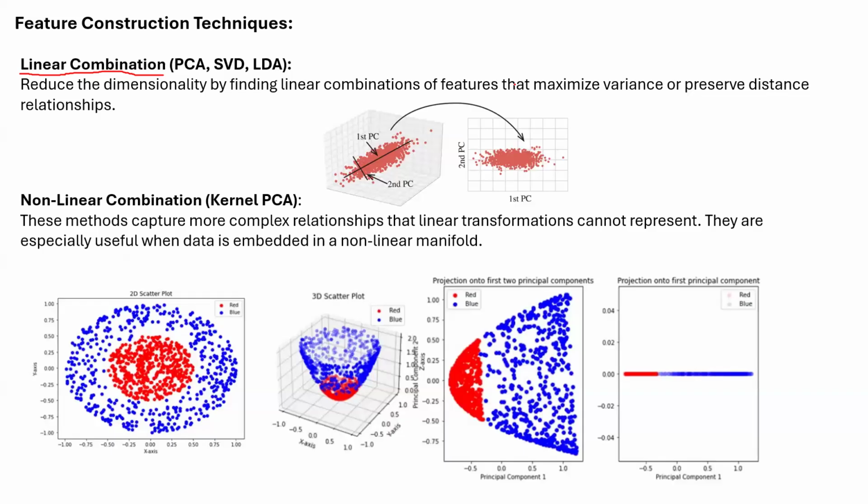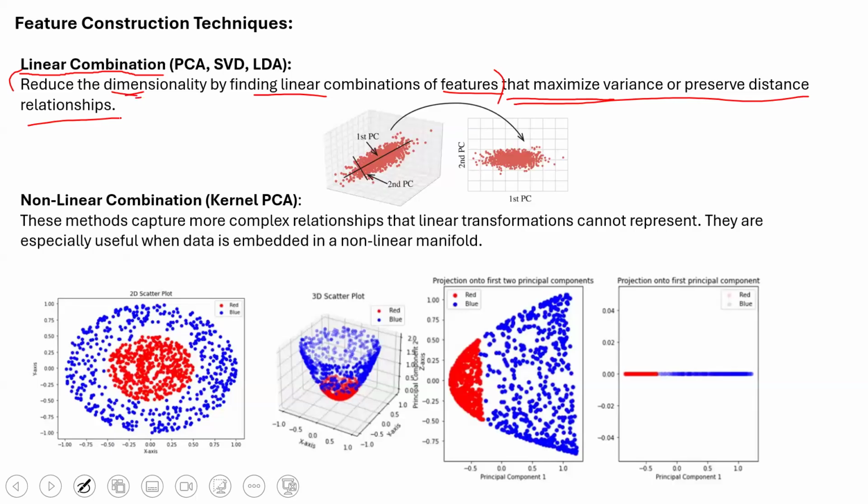We are combining the features linearly to come up with new dimensions, and those new dimensions would be less than the original dimension of the data. So that we are aware of. What this new dimensionality has to do is maximize variance or preserve distance relationship. We will understand that shortly.